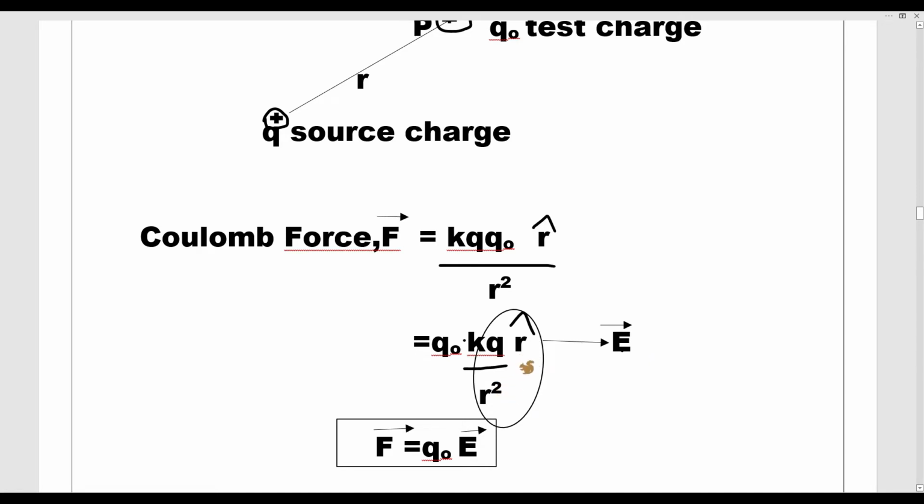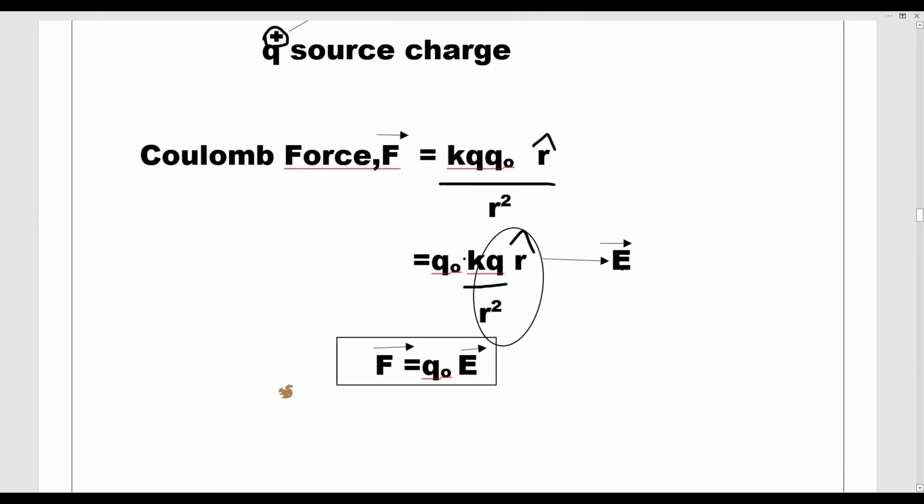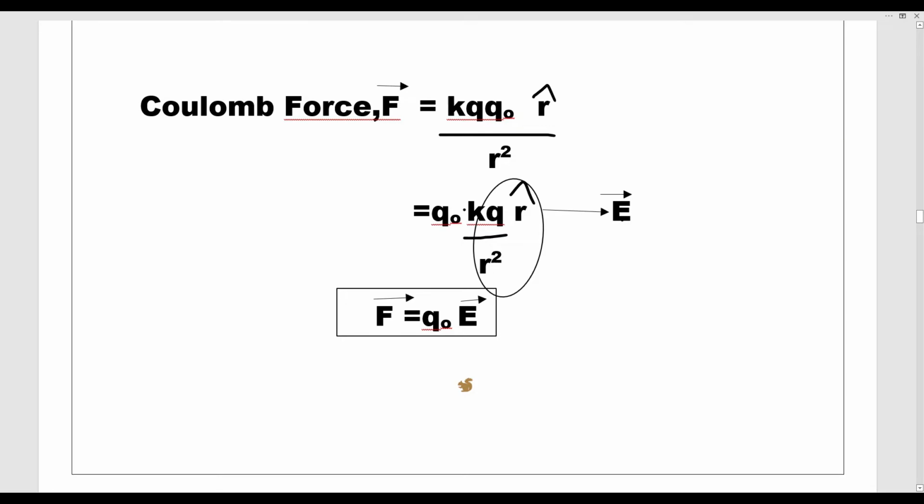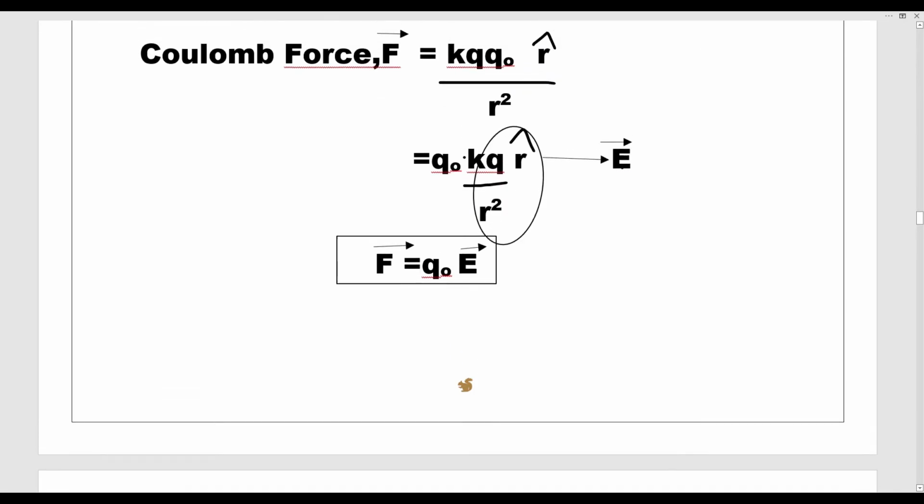We know that KQ by R square R unit is nothing but electric field E vector. Now we replace it by E vector. Then F vector will be equal to Q naught into E vector. That is, Coulomb force is equal to Q naught into electric field. This expression gives Coulomb force F vector in terms of electric field.